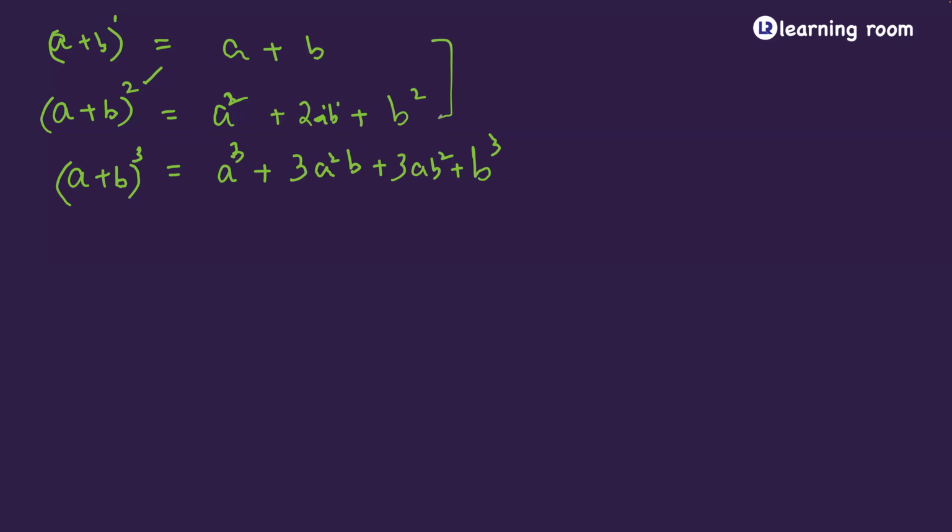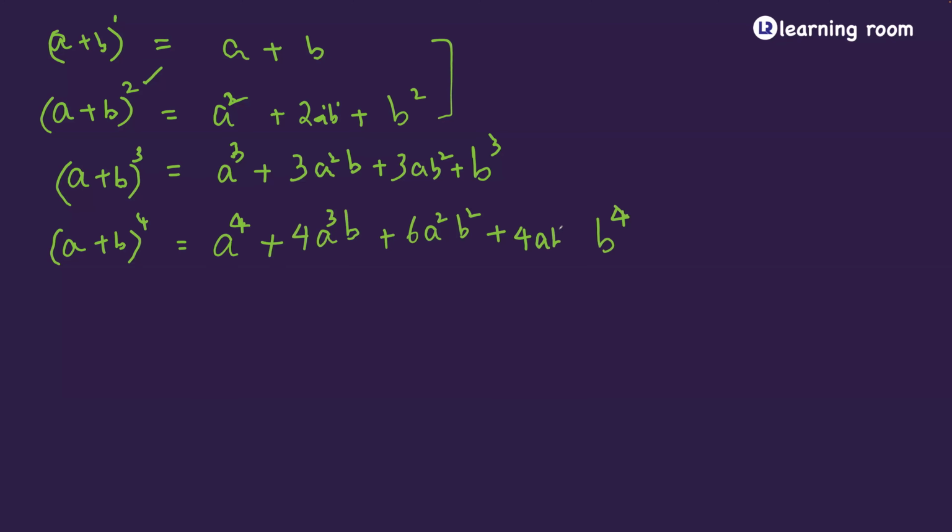Similarly, if I go another step and ask you, what is (a plus b) the whole power 4? Here I'll have a cube b, 4ab cube, plus b power 4.